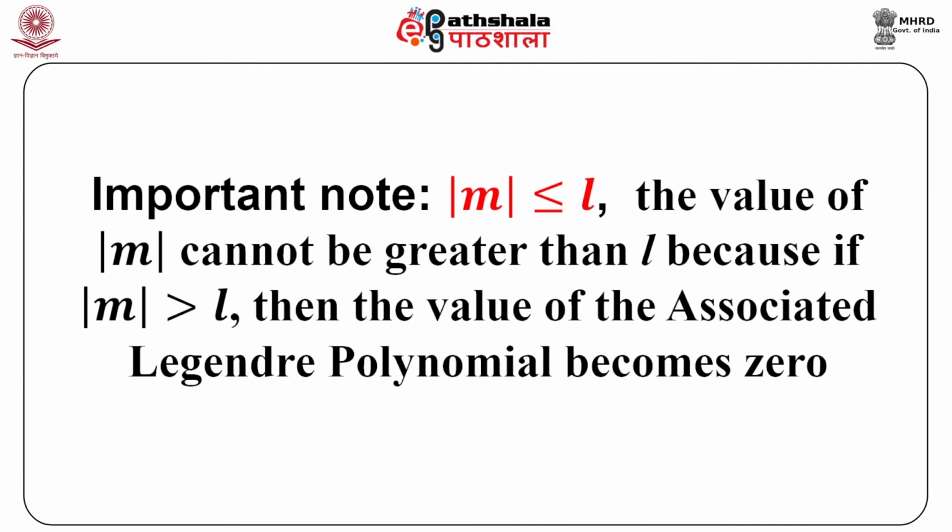One needs to remember that one of the conditions is that the absolute value of m has to be less than or equal to L. That means the absolute value of m cannot be greater than L, because if absolute m is greater than L, then the associated Legendre polynomial will become 0.